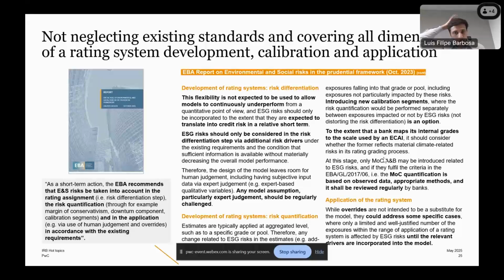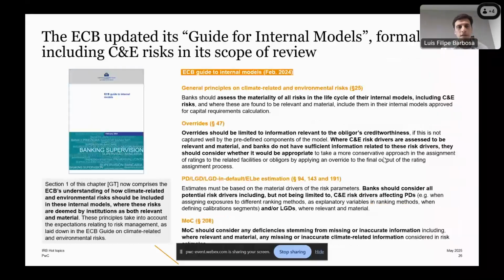When you use overrides, typically you need to identify which cases most evidently show increased signs of deterioration of the client's creditworthiness, and therefore try to keep this at a limited level of overrides. Otherwise, that will put at risk the credibility of the model. Basically, this is the message of the EBA.